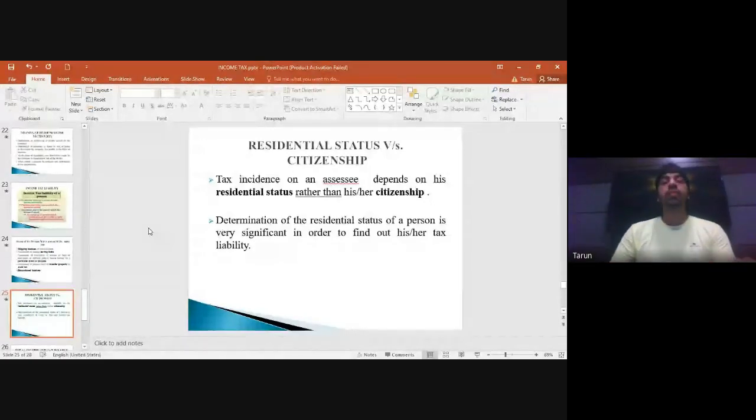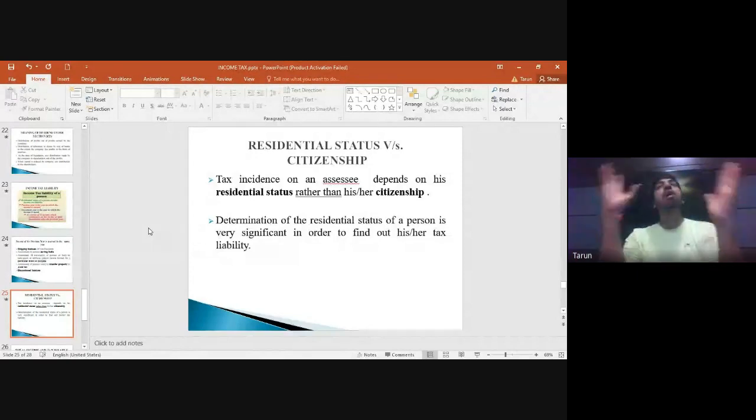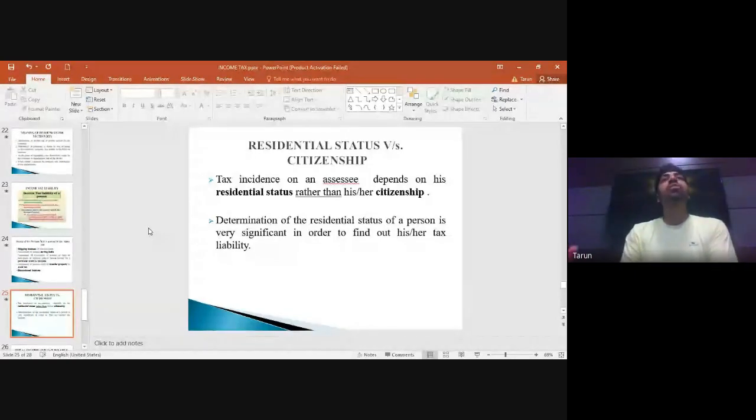Right? So there is a difference between residential status versus citizenship. Citizenship is a very broad category where you get a permanent residence permit, and you have spent long consecutive years or all the previous years in one country. So that is citizenship.